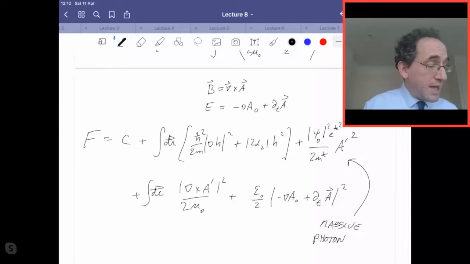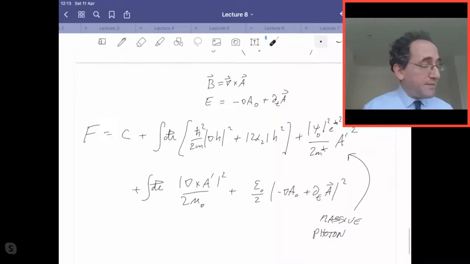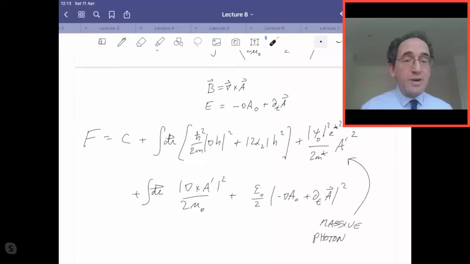It's similar to the case of H: this term is telling me that any fluctuation of the electromagnetic field that I make is going to cost me a finite amount of energy. That is unlike the case of regular photons, where you can go to larger and larger wavelength, and the energy drops further and further.